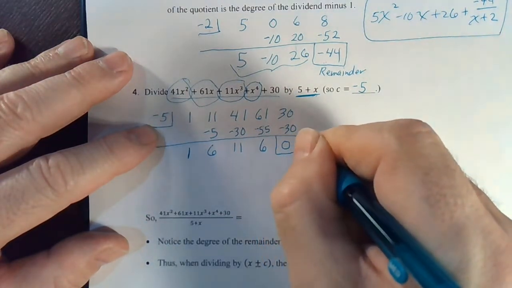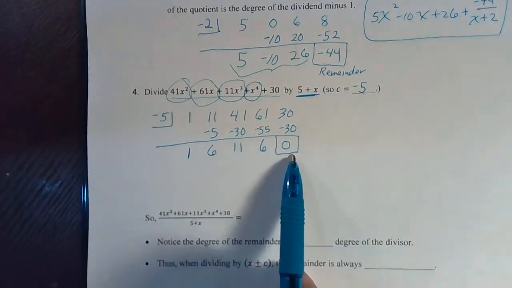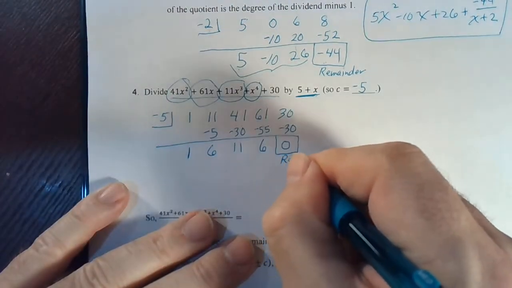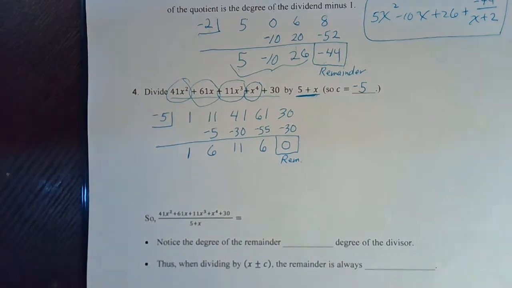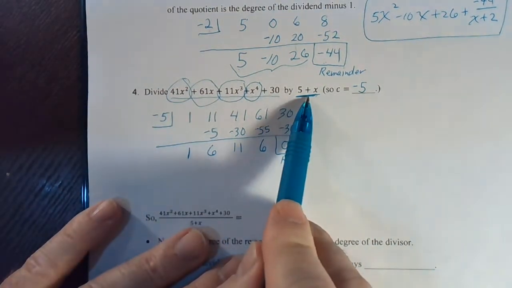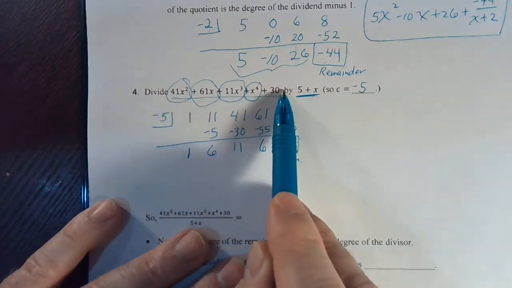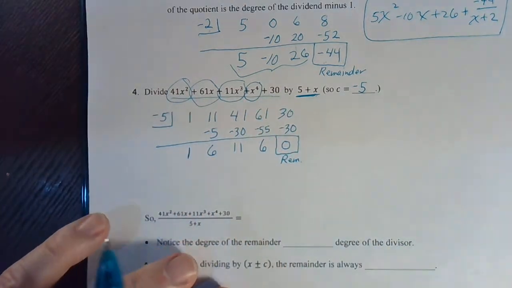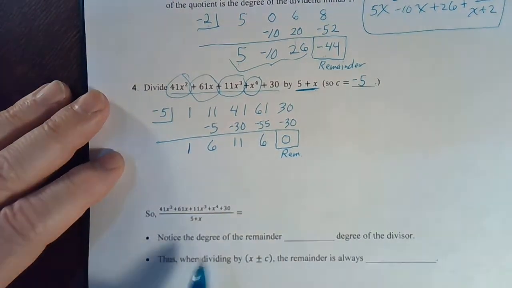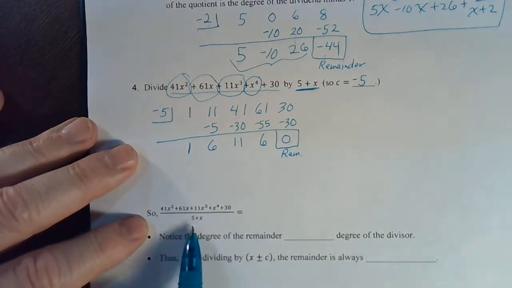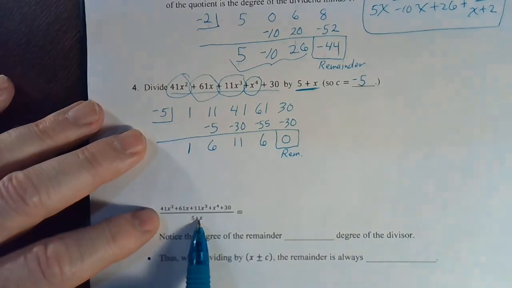This is what we like, because this is frequently going to be the case when we do our divisions. The remainder is 0. That means that this polynomial goes evenly into this one with no remainder whatsoever. And the result is, I'll just write it down here. Here we've got the original polynomial divided by 5 plus x, or x plus 5.